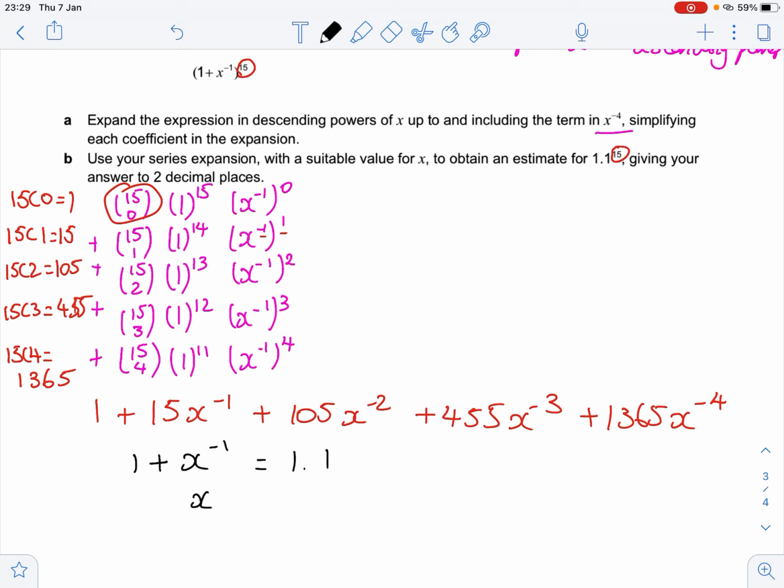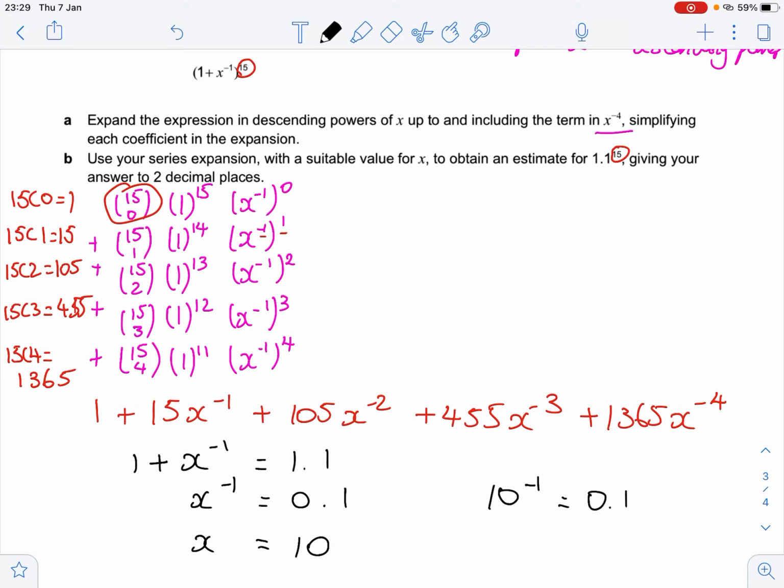Therefore, we know x to the power of minus 1 is going to equal 0.1. So the value for x is going to equal 10, because 10 to the power of minus 1 is equals to 0.1.